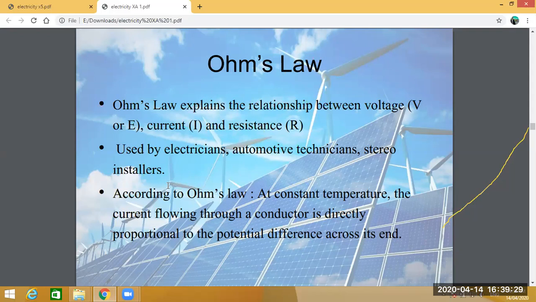So Ohm's law is so important, and in other various aspects and walks of life and various other purposes, Ohm's law can be used. So here we just have to be familiar with Ohm's law and a few well-known applications.